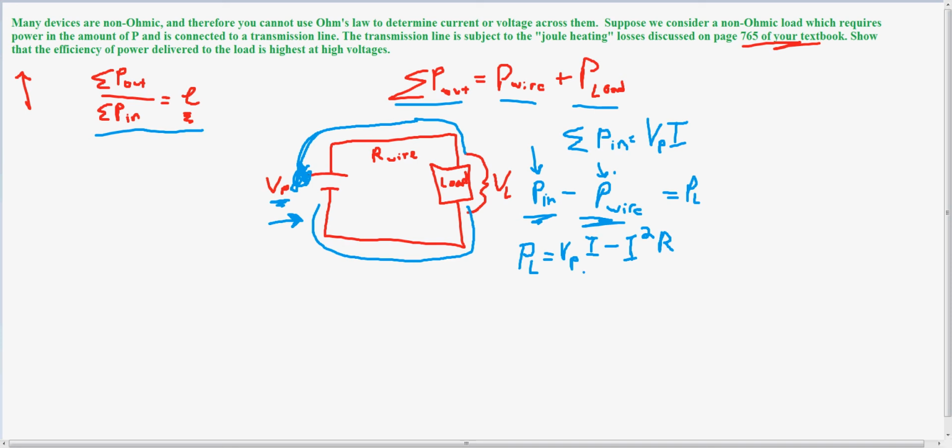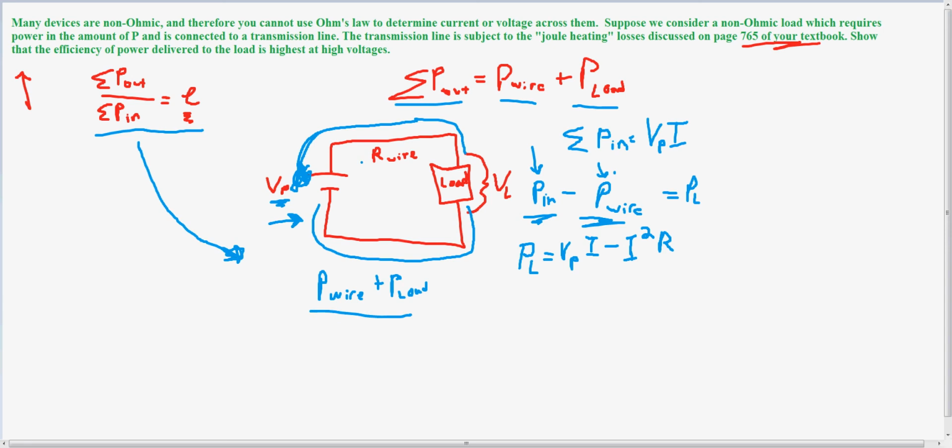And then I'll take this equation right here, which is the power of the wire plus the power of the load, which is right here.